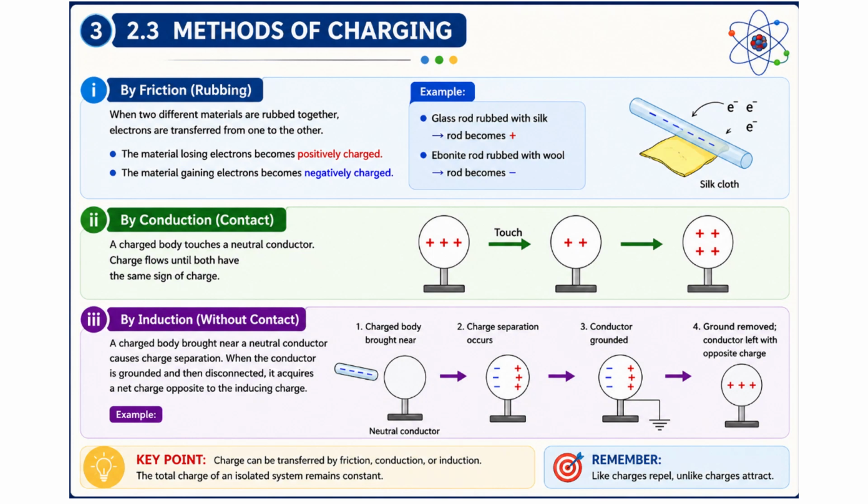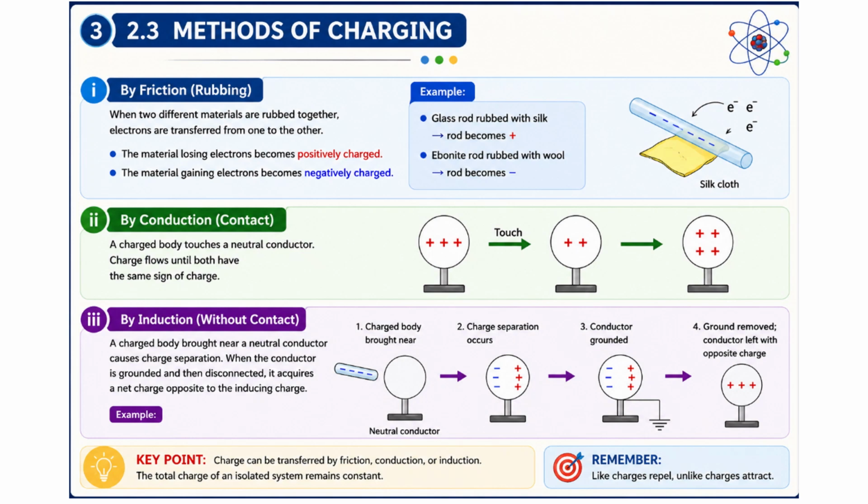So now let's move on to the second case. Okay, if friction is about rubbing two materials, conduction is all about touching. By definition, conduction occurs when a charged body is physically touching a neutral conductor.